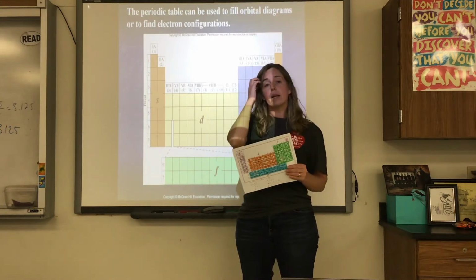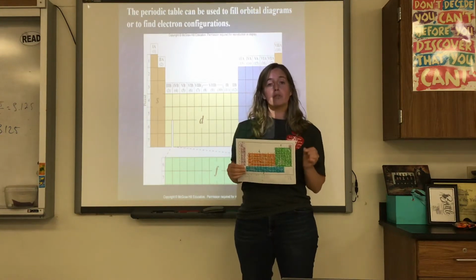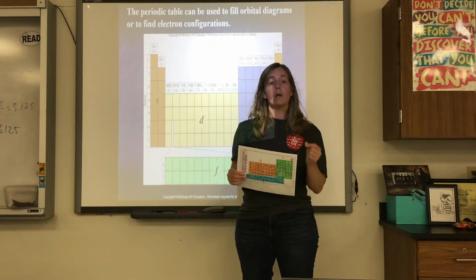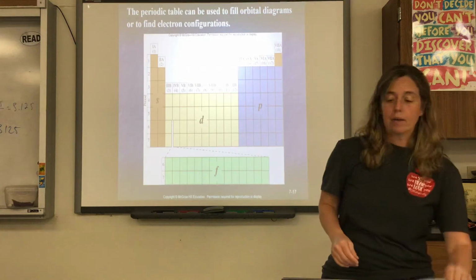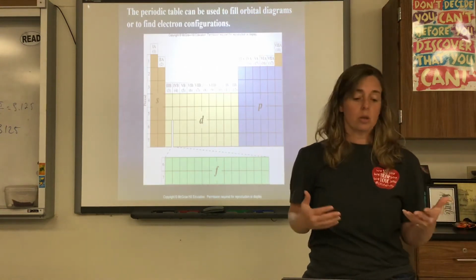So if I'm writing a configuration for hydrogen, it's going to be 1S1. Now, how do I write that?